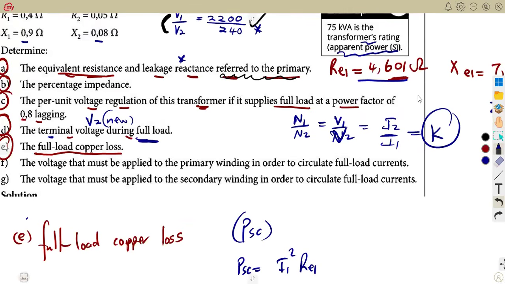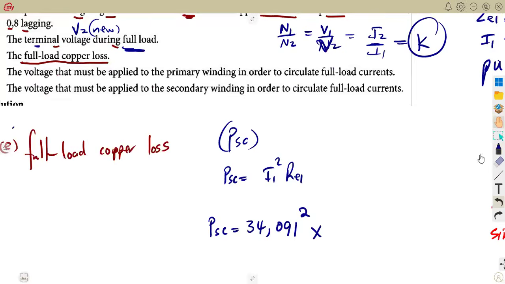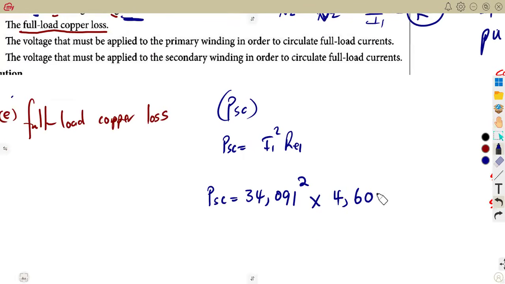The equivalent resistance referred to the primary side, we also have it: 4.601. That's it. We have got our short circuit power, which is the full load copper loss, and that gives us 5,347.265 watts.